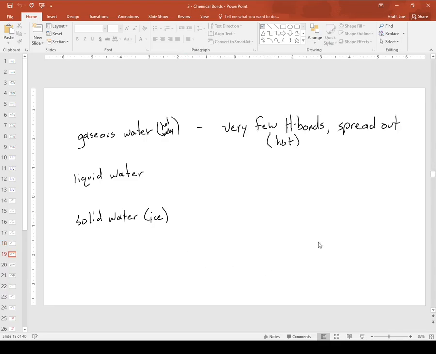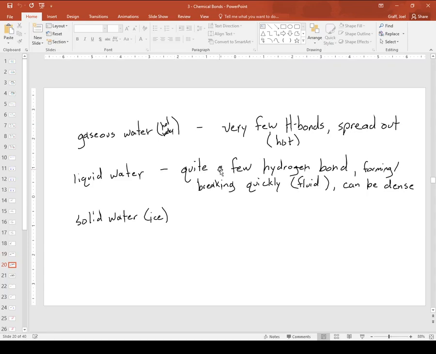And so in gaseous water, there's very few hydrogen bonds between the different water molecules because they have spread out. The whole reason a steam-powered engine works is that gaseous water takes up a lot more volume than liquid water. So typically you're thinking of things that are really hot when you get to this gaseous form.